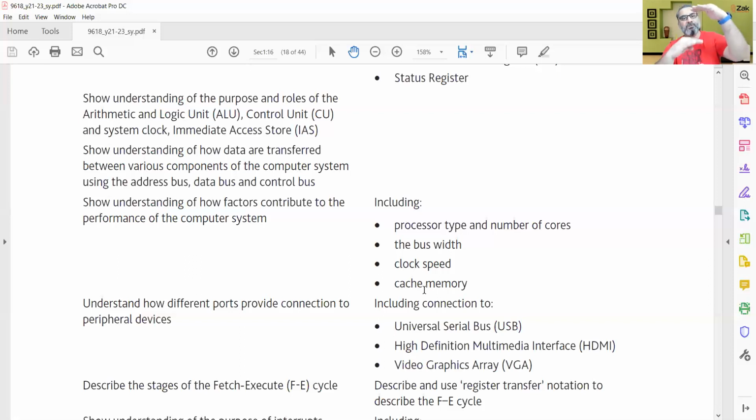It brings a bunch of instructions, starting from the instruction which needs to be executed and onwards. That bunch of instructions arrives in the microprocessor, and the area where it is saved is called cache memory.